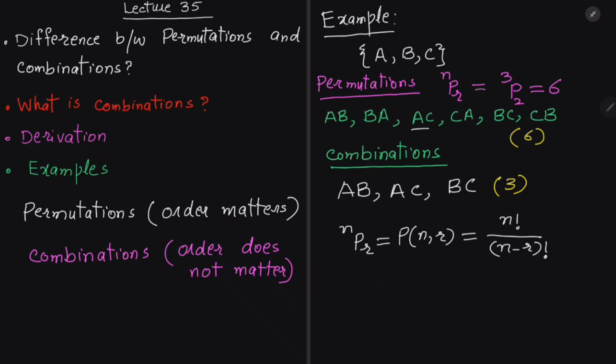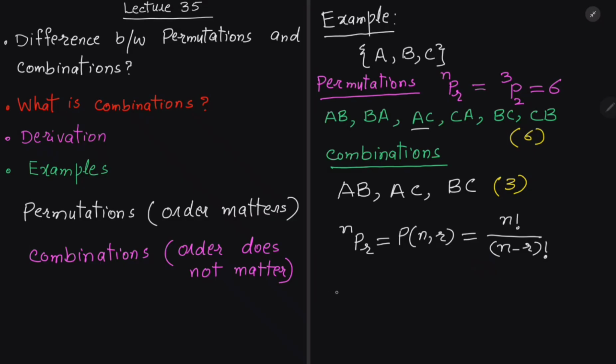Now, if we have two factorial arrangements of all these, it means that we can divide the permutation by r factorial to remove the repetition in the permutation.